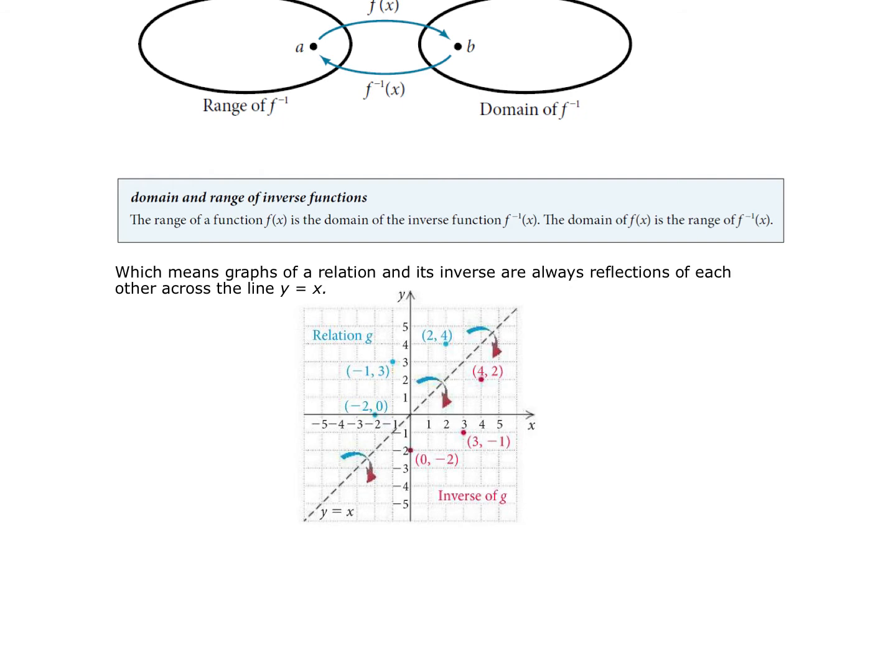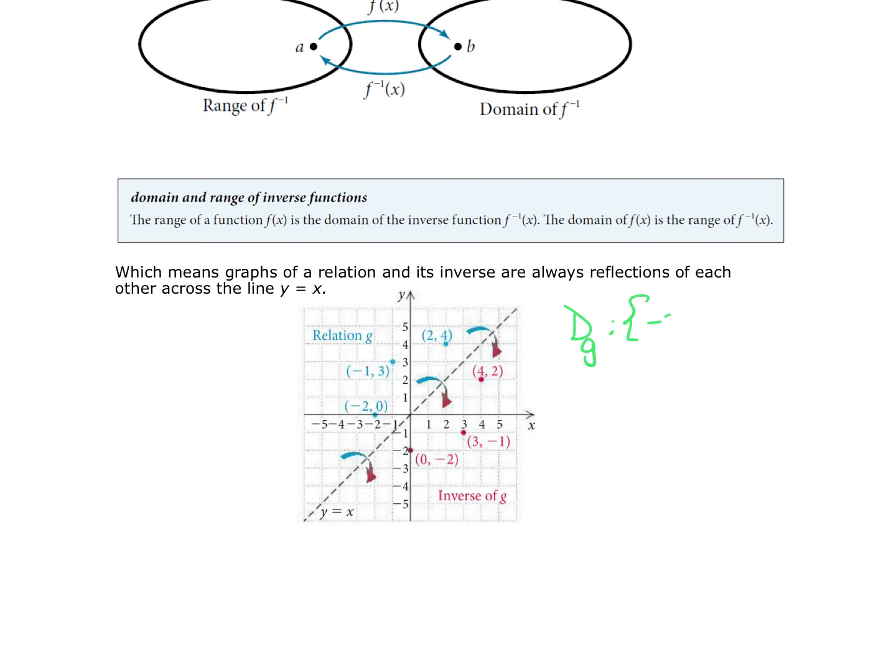Okay, because domains become ranges and ranges become domains, then this has to hold true. The graph of one function can be graphed as the inverse if I reflect it over the line y is equal to x. So if this point is on the original function, negative 2, 0, then the inverse would be 0, negative 2, because domains become ranges, ranges become domains. So suppose my function had this as the domain of g, and this time I actually get to use just single points.